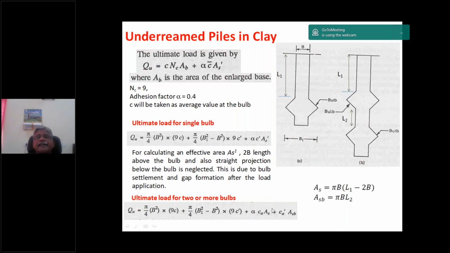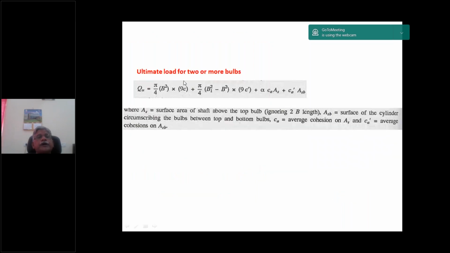This kind of formula can be used, where Ca dash is the cohesion value at the bulb level, and C is the cohesion value in the straight shaft area. The same formula is given here for the ultimate load for two or more bulbs.